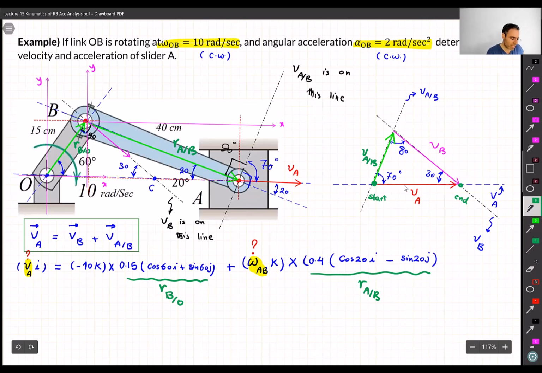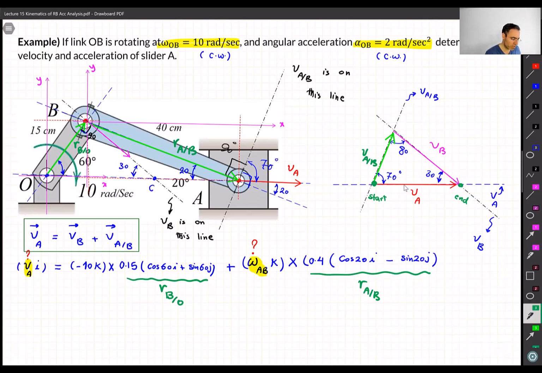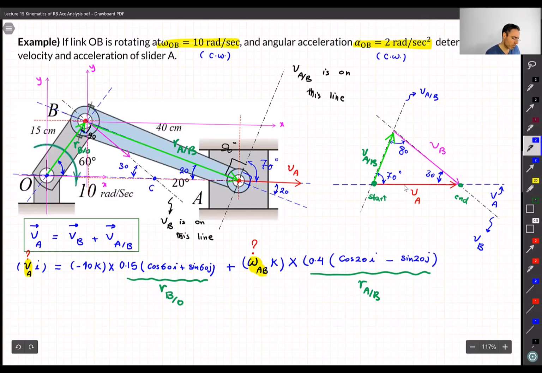Now, if you have that triangle, the rest, you know what to do, right? You just use the law of sines, which is straightforward. I can write it down maybe here. You have three sides. One is VA, or let's just start with VB, because VB we know. The value of VB is 0.1 multiplied by omega. Omega is 10.